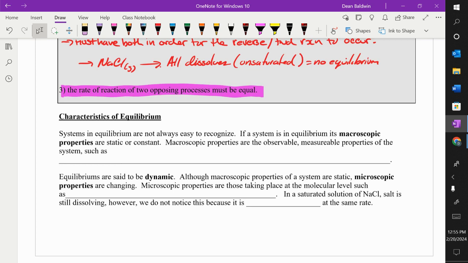Color, that works. What else? Temperature is fairly straightforward. Pressure, you can measure that. The mass of the system. Those are all going to stay constant. They're not going to change.